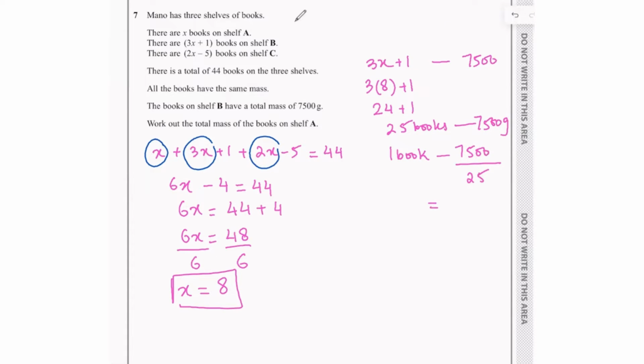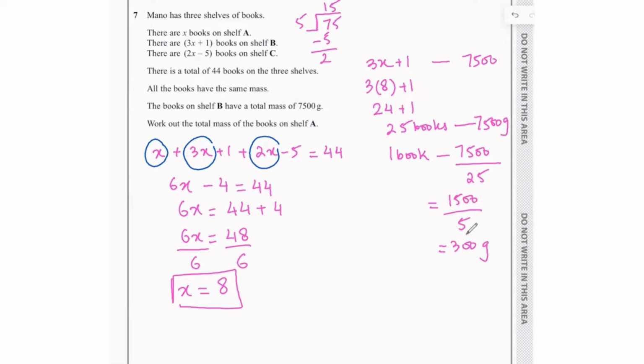We know 75 is divisible by 5, and 25 is also divisible by 5. So if we do 75 divided by 5, that's 15. So that's 1,500 over 5, which becomes 300, because 15 divided by 5 is 3.